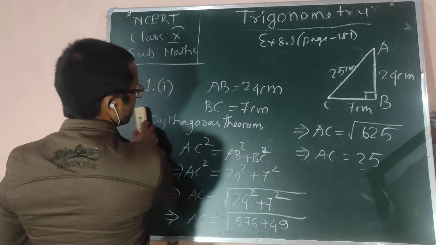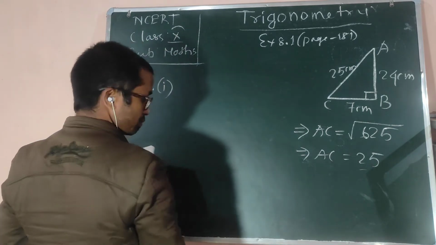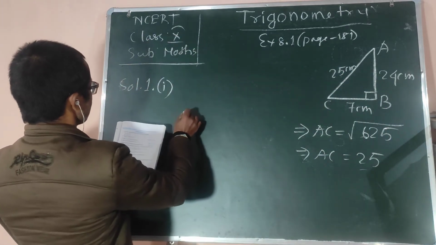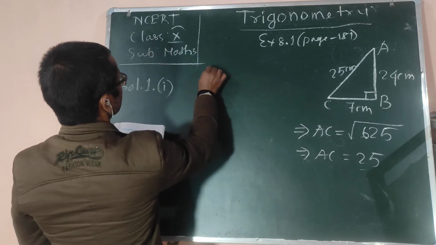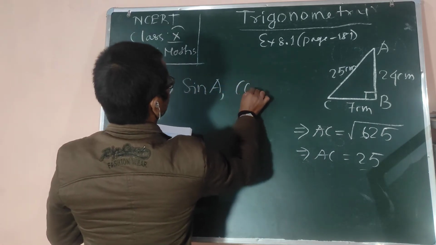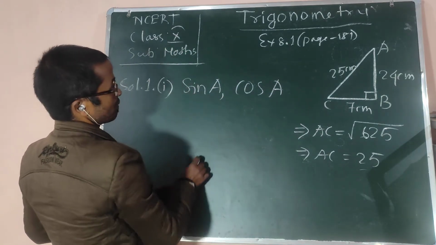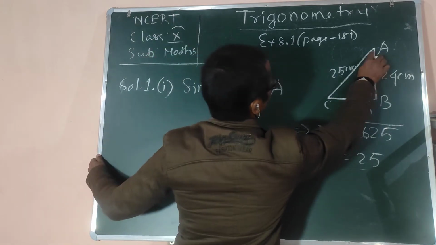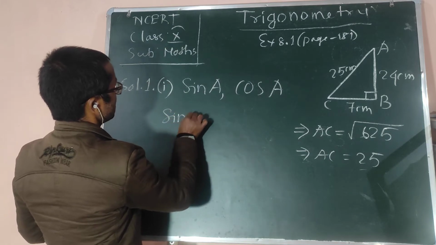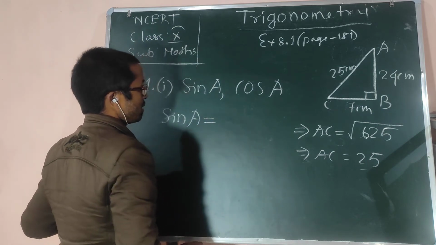Now I am rubbing this portion. Now number 1 says determine sin A and cos A. Now we know whenever we use sin A, then this angle we are going to use. So sin A is equal to, what was that ratio?